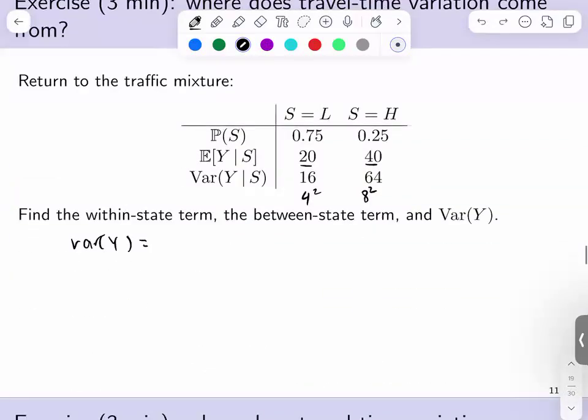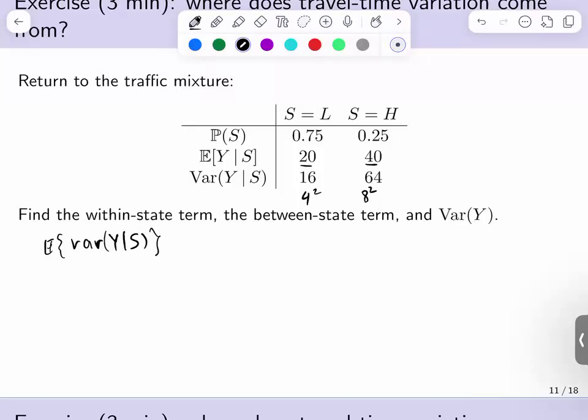Maybe help me compute the expectation of the variance first. This would be easier. What is the expectation of the variance of y given s? It's a random variable.